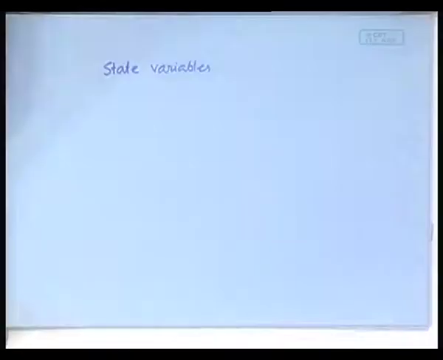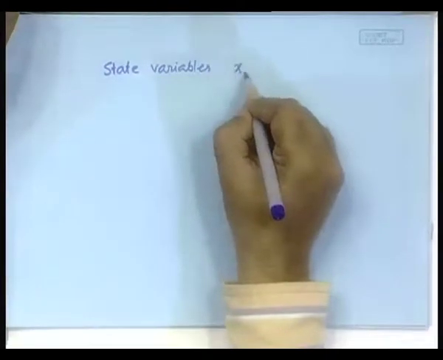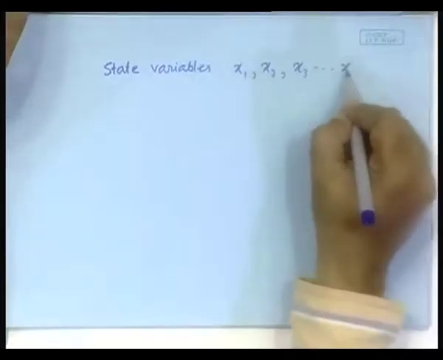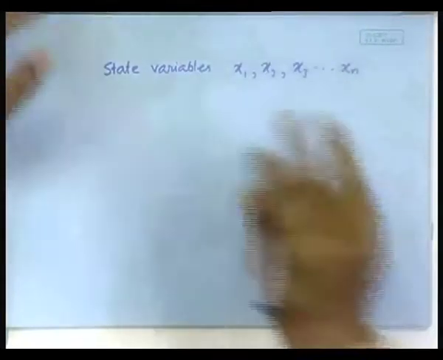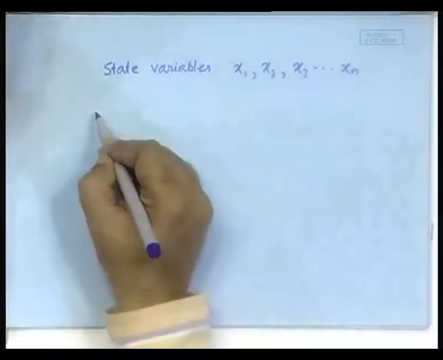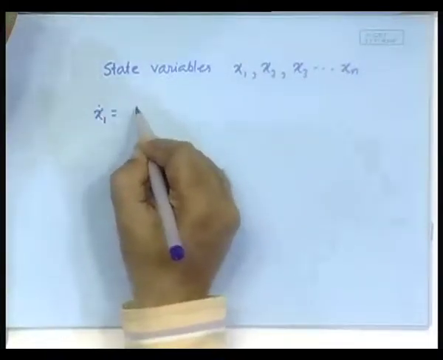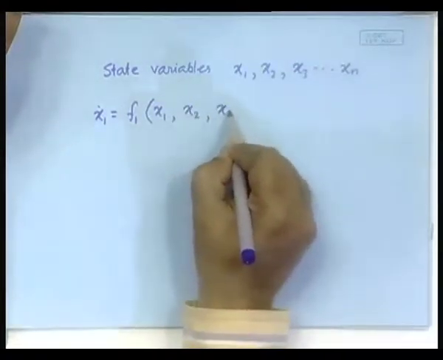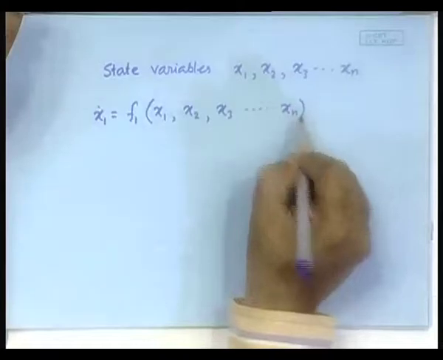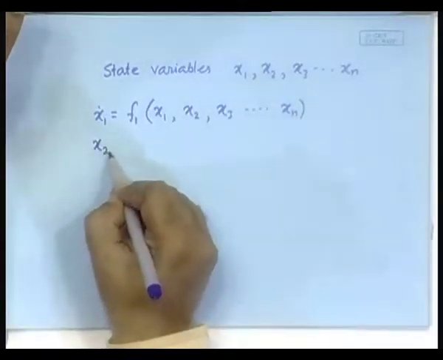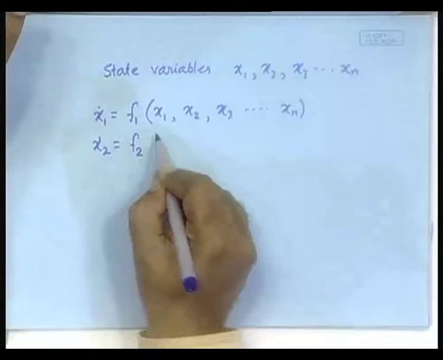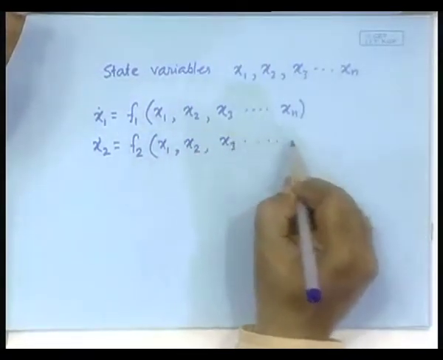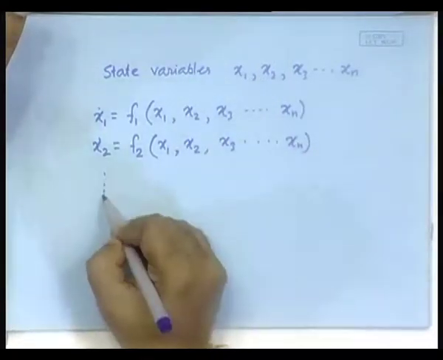So, you have got the state variables, say these are x 1, x 2, x 3 and all that. Then what we have done so far amounts to saying that we have obtained x 1 dot is equal to some function of x 1, x 2, x 3 to x n. Similarly, x 2 dot is equal to another function of x 1, x 2, x 3 to x n, so on and so forth.